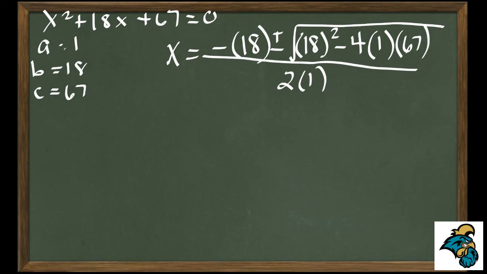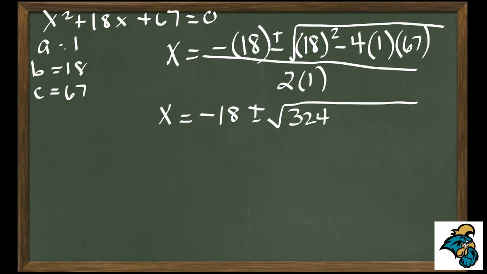So now if I keep simplifying, I get x equals negative 18 plus or minus the square root of, well, 18 squared is 324. Minus 4 times 1 times 67 is 268.